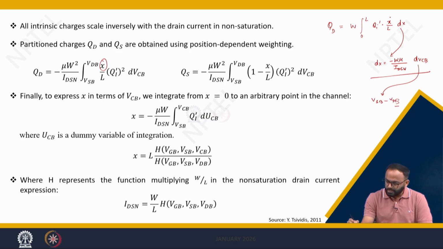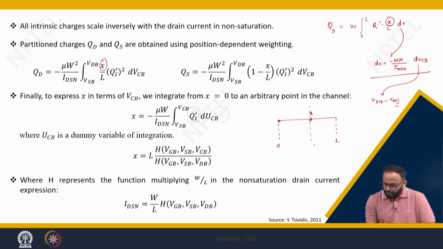Now, how do you replace this x? For that, let us consider this is your channel starting point and this is your channel ending point. We have done this analysis when we were relating the position with potential. So, let us consider any arbitrary point x, where you want to relate the distance with potential. How can we do that? We consider that this point is the arbitrary drain.